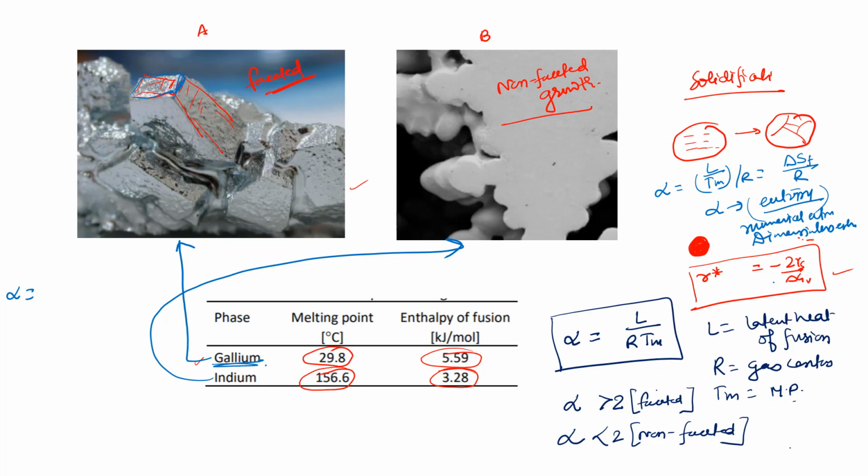L is 5.59 into 10 to the power 3 joule per mole. R is 8.314 joule per mole per Kelvin, right? Then Tm, the melting point, is 29.8 degrees centigrade, so we need to convert it into Kelvin: 29.8 plus 273. Guys, try to calculate. I am also calculating.